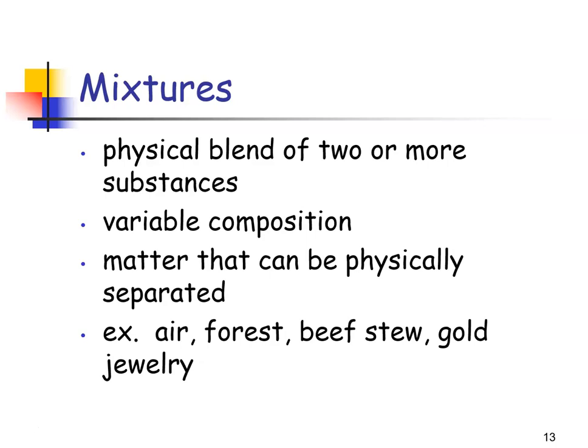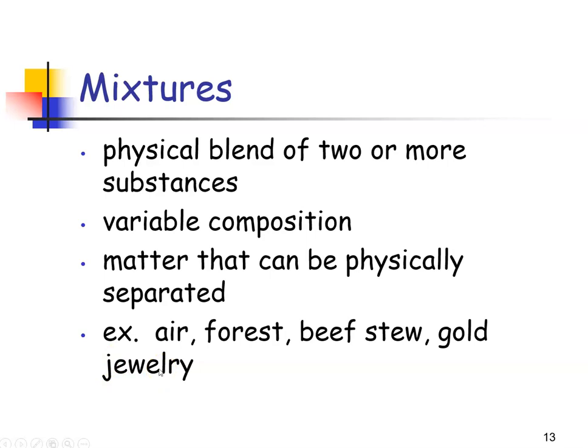It's a mixture of gases, right? Because it's got nitrogen and oxygen and carbon dioxide and water vapor and a bunch of other trace gases. A forest, mixture of a lot of things there, trees and animals and soil and rocks. And beef stew, definitely see the chunks of different things in the beef stew. And gold jewelry, unless it's 24 karat, is a mixture as well.